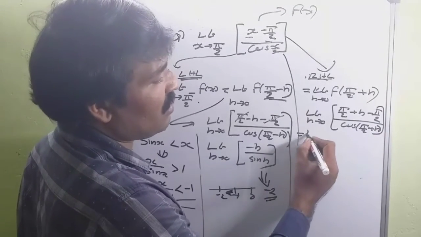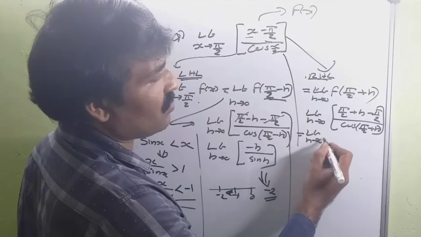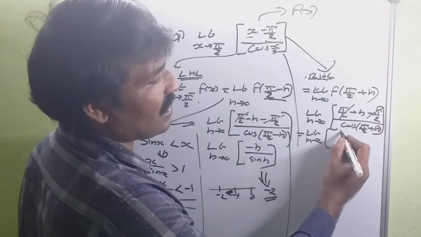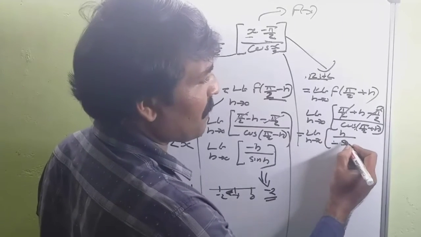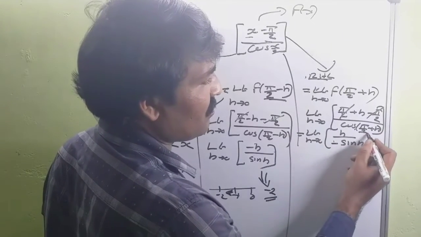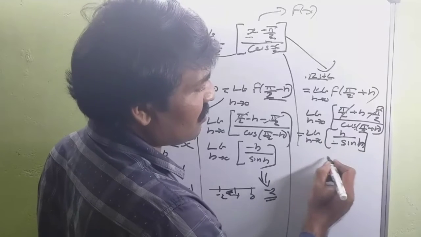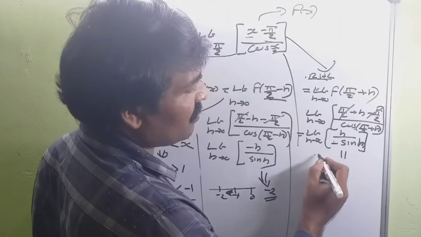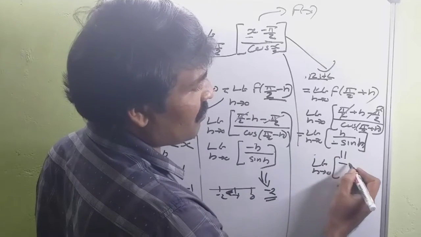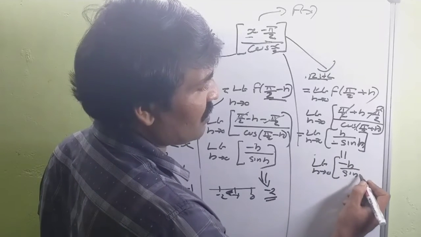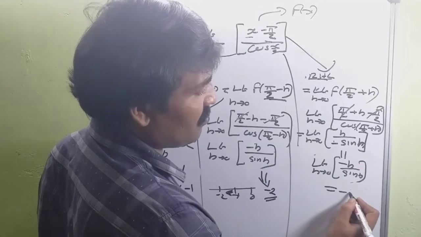That is equal to limit h tends to 0. This and this will cancel. H divided by cos of pi by 2 plus h is equal to minus sin h. So this value of limit is equal to limit h tends to 0 of minus h by sin h, which is equal to minus 2.